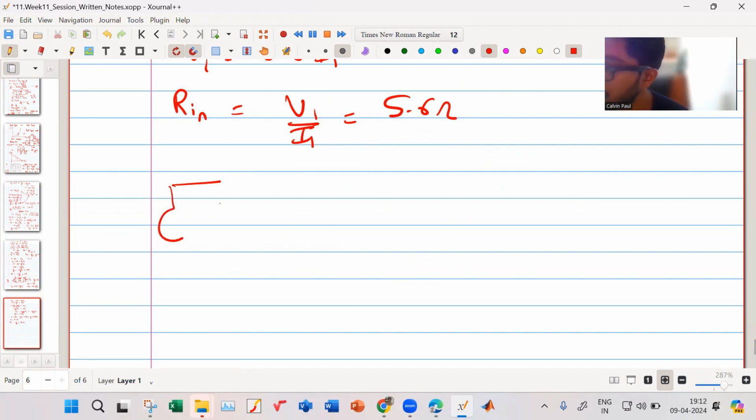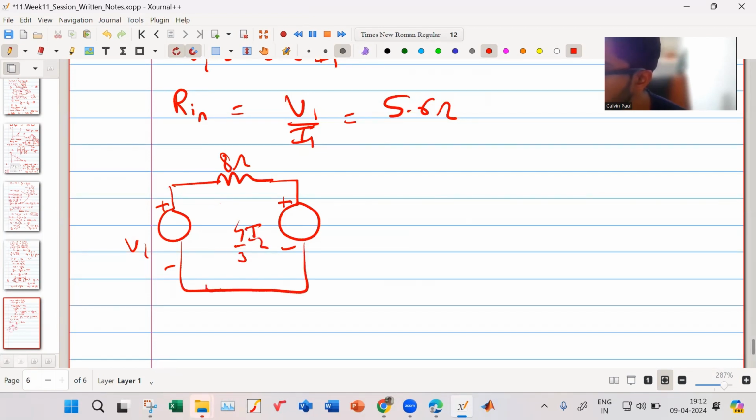this is your plus minus V1. This is your 8 ohm, and this is your plus minus 4 by 3 I2. This is your I1. This is your plus minus 8 by 3 I1.